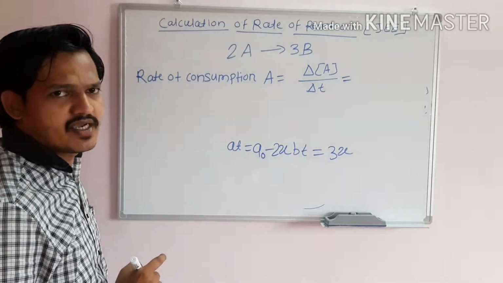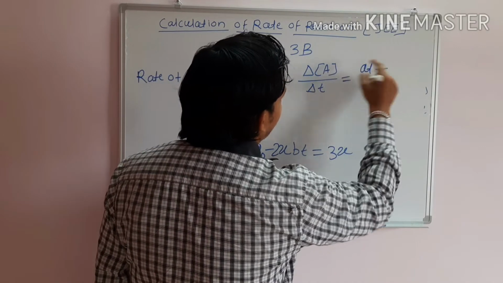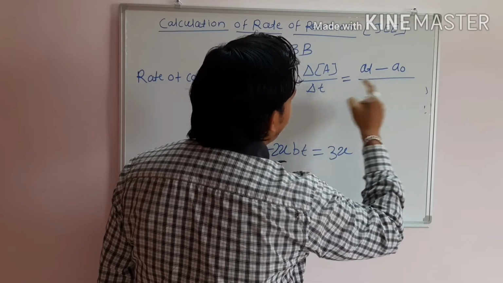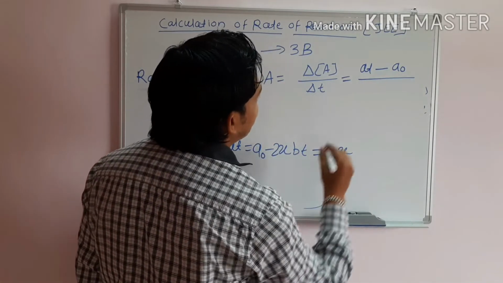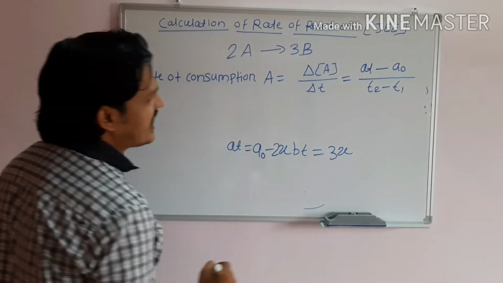Final concentration minus initial concentration. Final concentration is At minus initial concentration A0, divided by delta T, which is T2 minus T1, final time minus initial time.